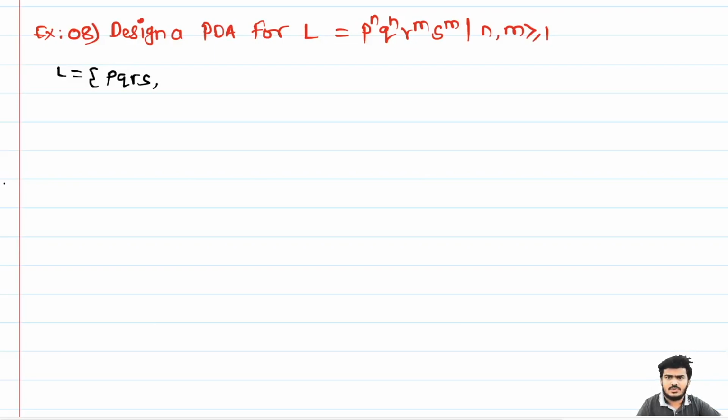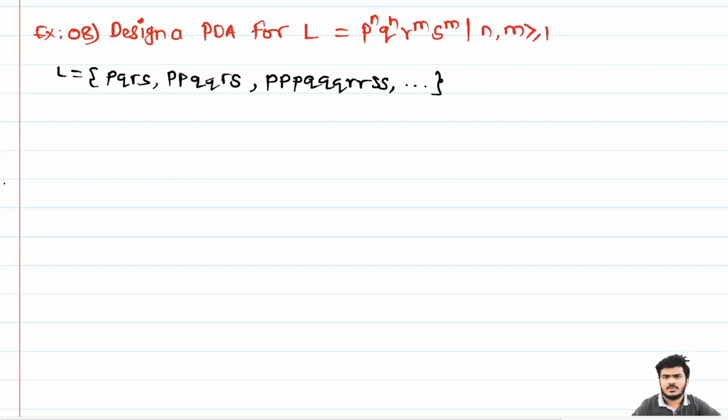When n is equal to 2 and m is equal to 1, the string becomes ppqqrs. Similarly, when n is equal to 3, we get triple p, triple q, and when m is equal to 2, double r and double s. So like this, we will get an infinite number of strings in this language.